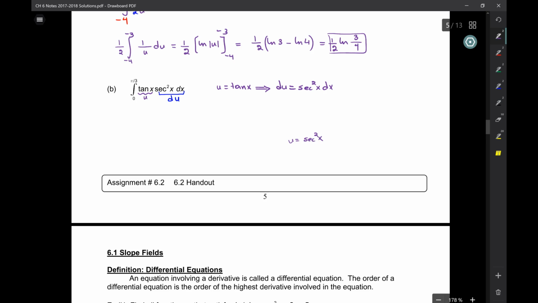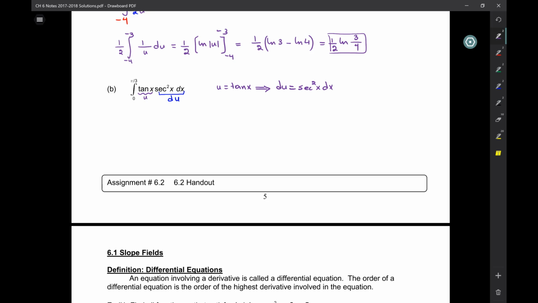Then what would du be? 2 secant x times secant x tangent x, and there is no way you could plug those back in there and make it make sense, right? So you know you're wrong, and you have to choose the other one. When you get to a point where you look at it and you go, oh look, secant squared is the derivative of tangent, then immediately you know that tangent should be the u.